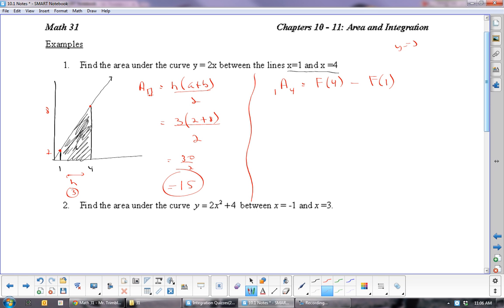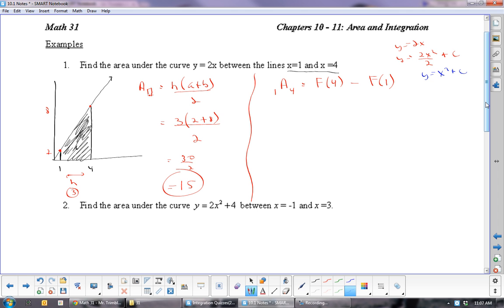So we got y equals 2x. What's the integral? Y equals 2x squared divided by 2 plus c, which is y equals x squared plus c. Now you're going to find that when you ever do area, you can ignore the c.